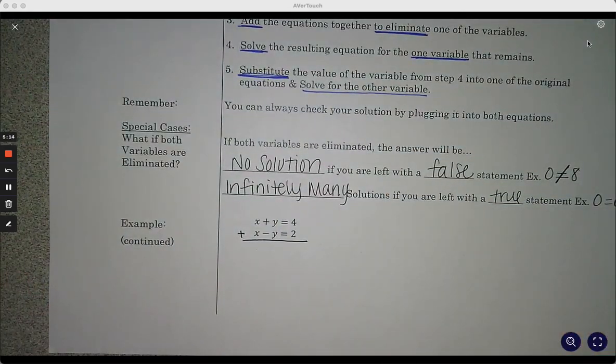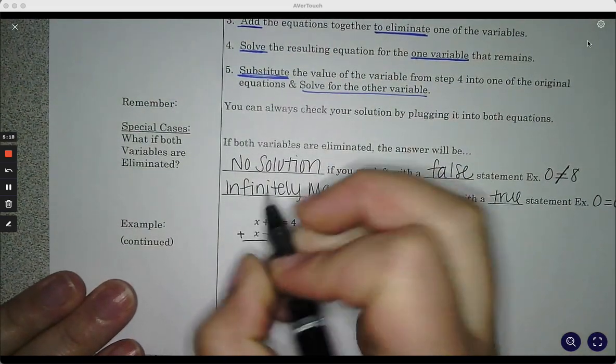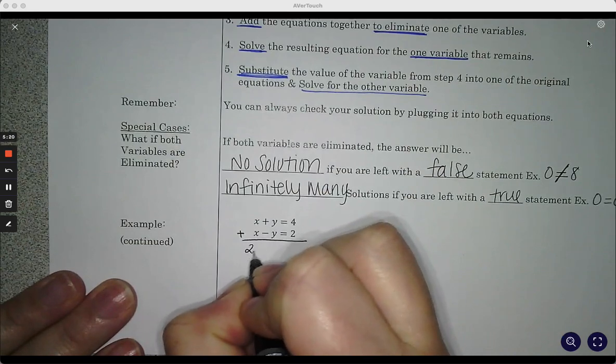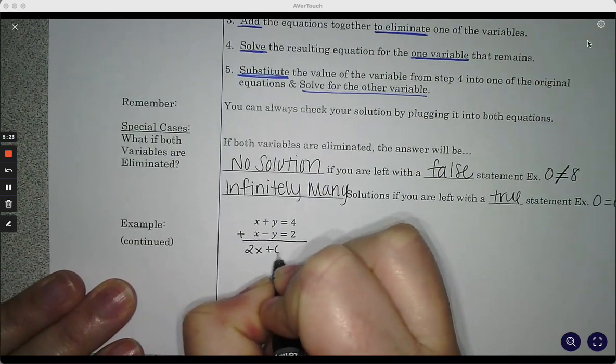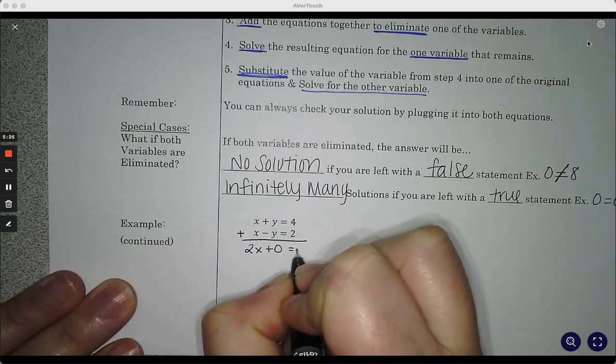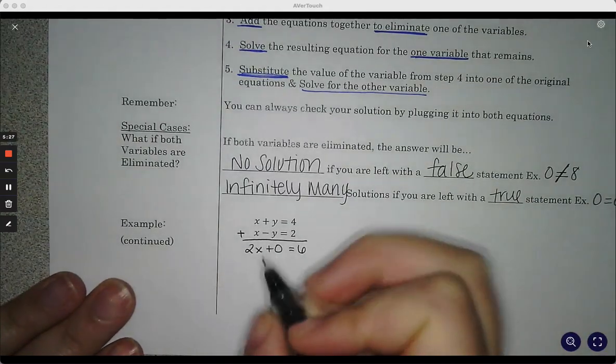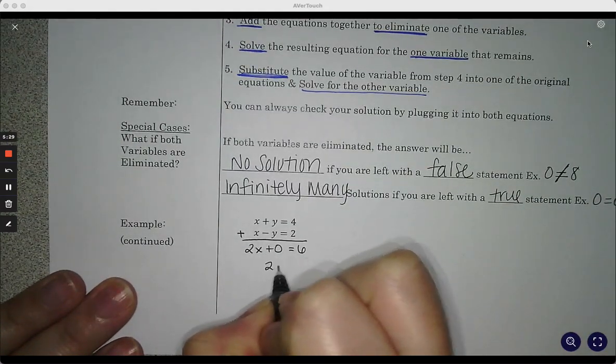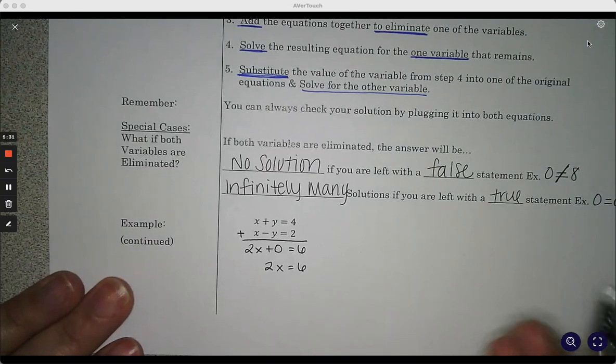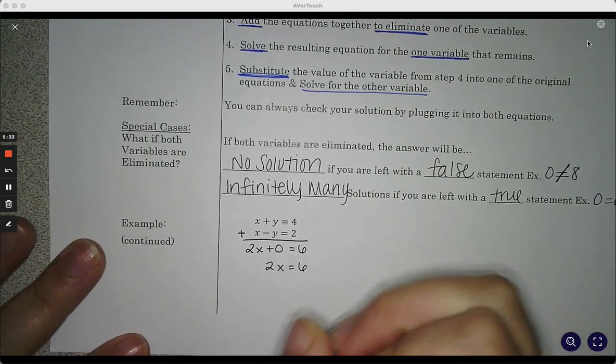So I know that they're going to cancel first. Okay, so I'm going to add straight down. So x plus x is 2x plus 0 equals 4 plus 2 is 6, which is the exact same thing as 2x equals 6. So to get x by itself, we divide by 2.